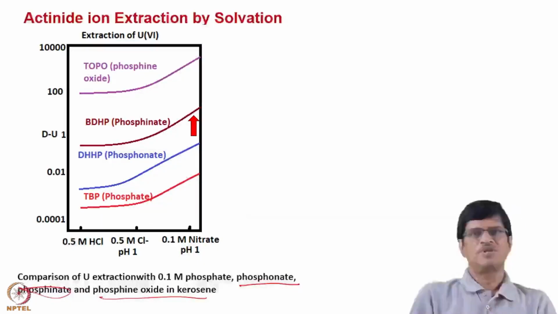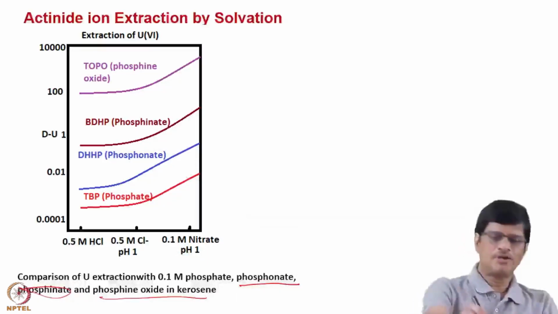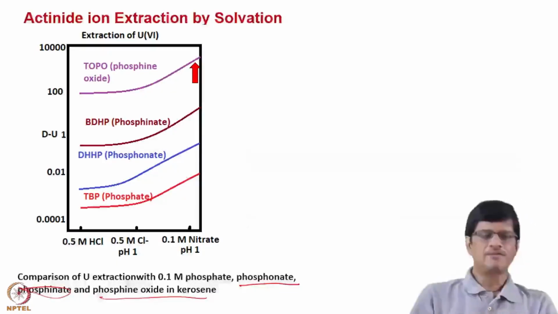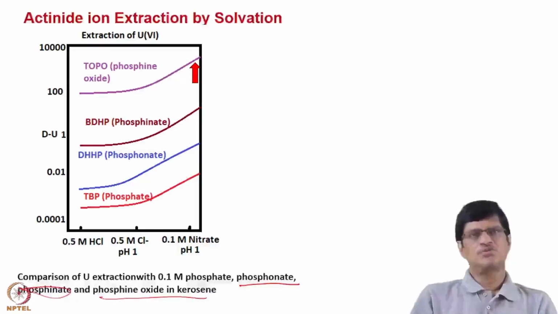So for phosphonate you have higher extraction, and if you go to phosphine oxide, that is trioctyl phosphine oxide, then you get the distribution ratio of uranium around 1000 or maybe a little more than 1000.